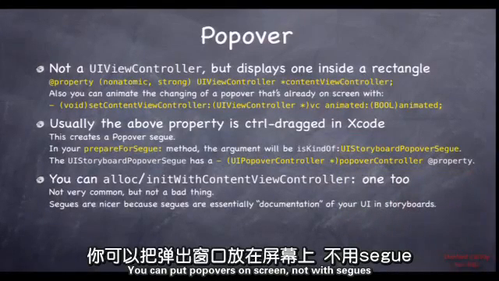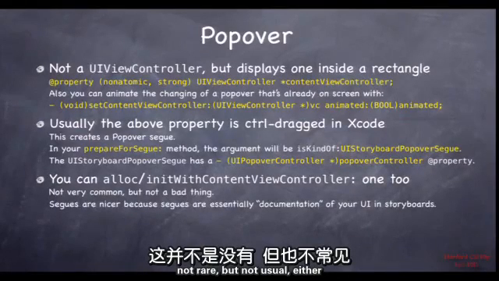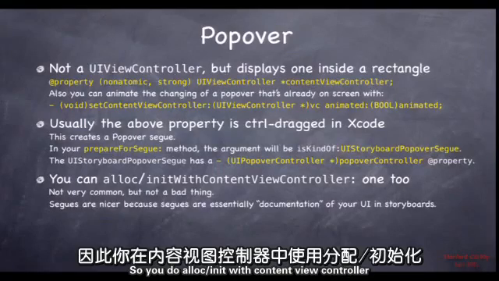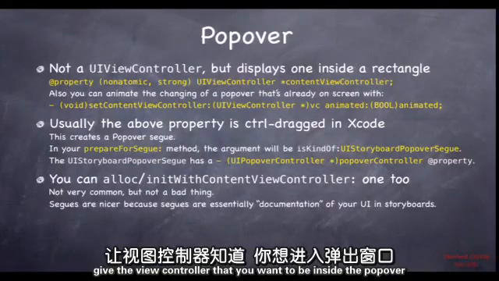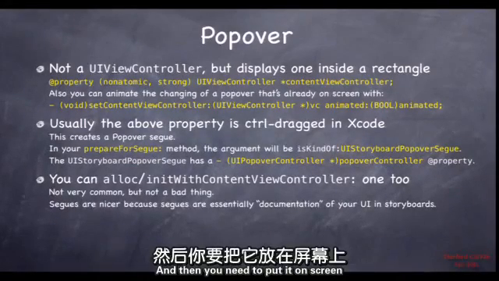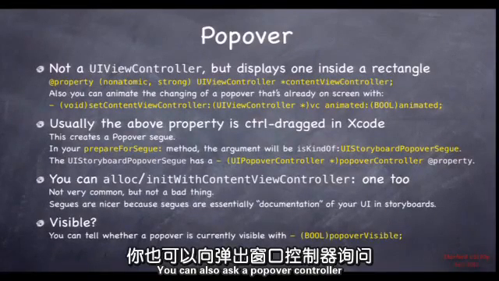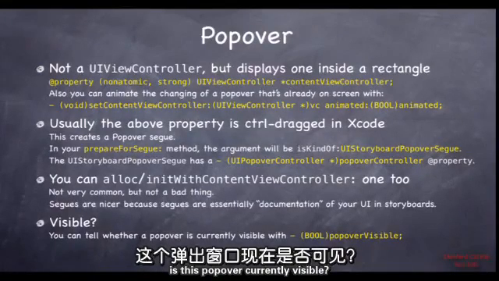You can put popovers on screen not with segues, not rare, but not usual either. You do it with alloc init with content view controller. So you do alloc init with content view controller, give it the view controller that you want to be inside the popover, and then you need to put it on screen, and I'll show you how to do that in a second. You can also ask a popover controller, is this popover currently visible?